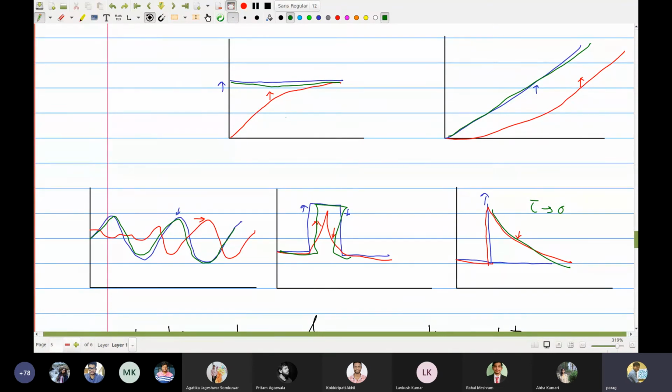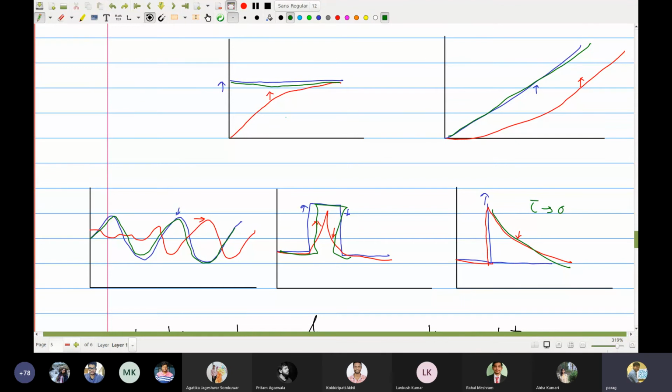Now, you take one extreme where the time constant is just 0, which means there is no lag in the system. There are no transients. Then you will see the green behavior, that the system adapts quickly without any delay to the new conditions.